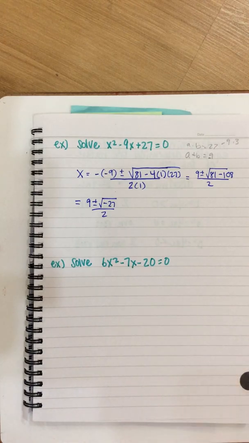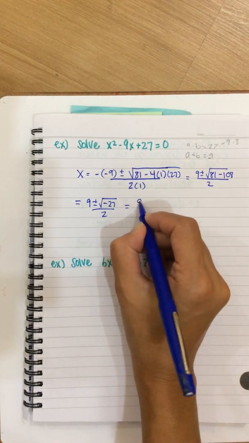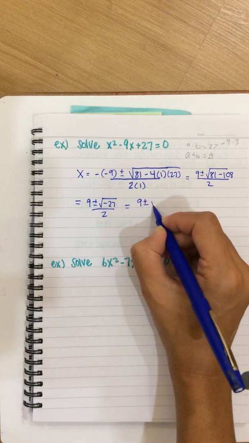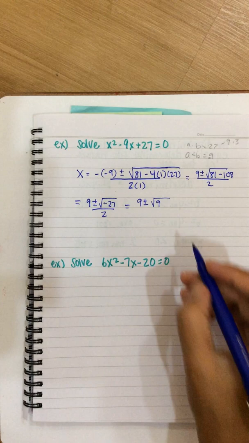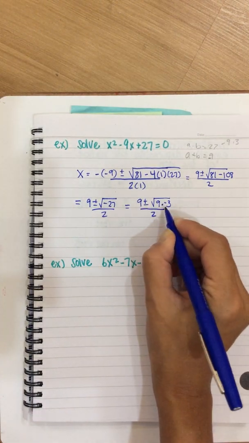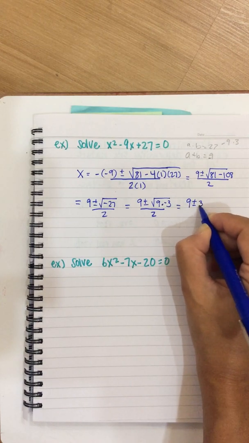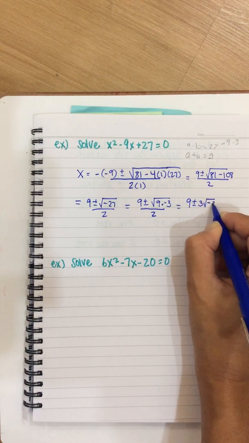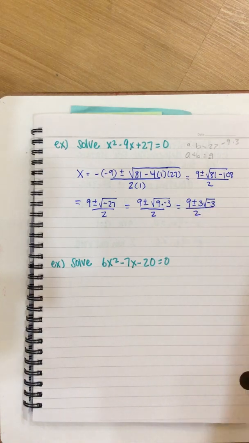Now I'm seeing that 27 is equal to 9 times negative 3, and that's helpful because I can find the square root of 9. That is 9 plus or minus 3 times the square root of negative 3, all over 2.